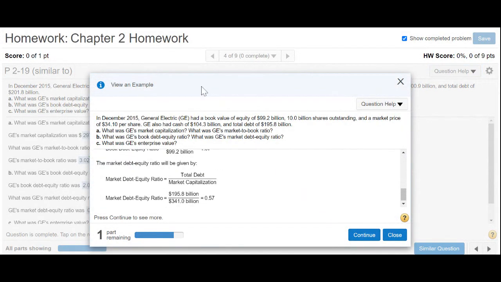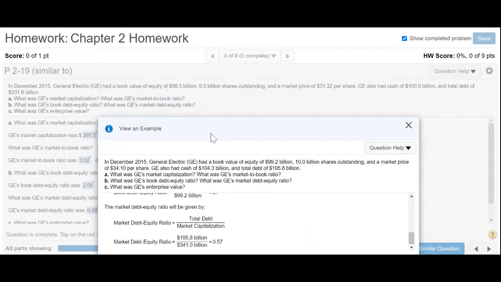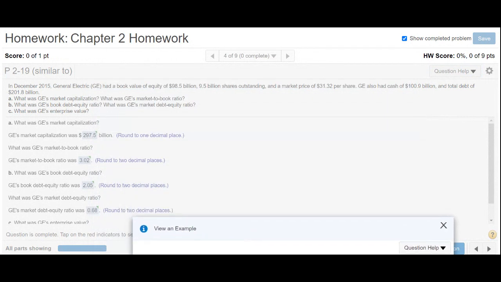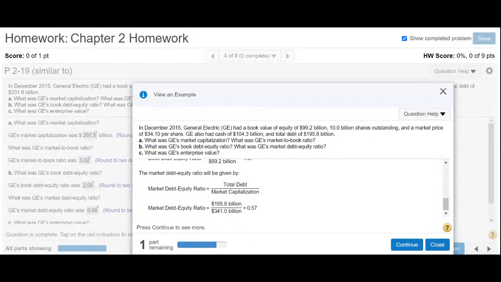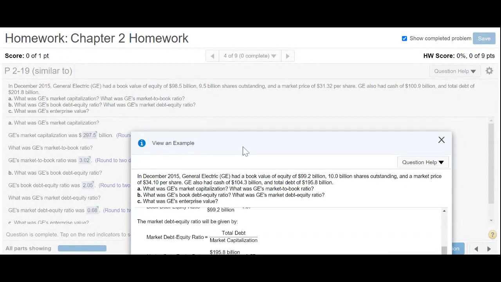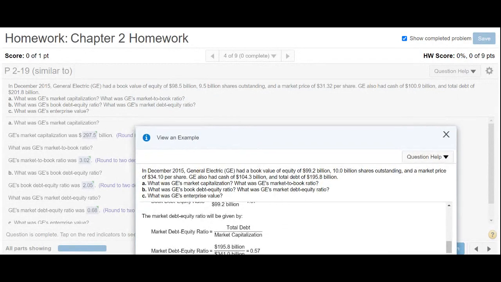Then we do market debt to equity ratio. So market debt in this situation, hold on, let's see.